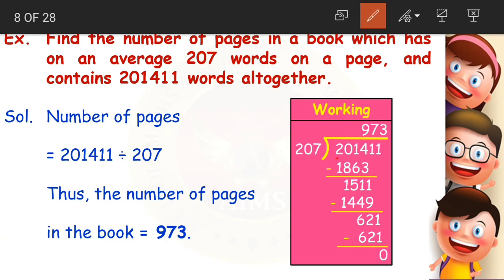Yes, what do we do? 207 is the one which is dividing, right? So 207 becomes the divisor. 2,01,411 becomes the dividend. 973 becomes our quotient and 0 becomes our remainder.